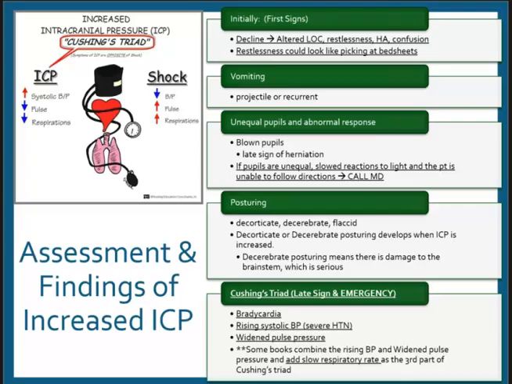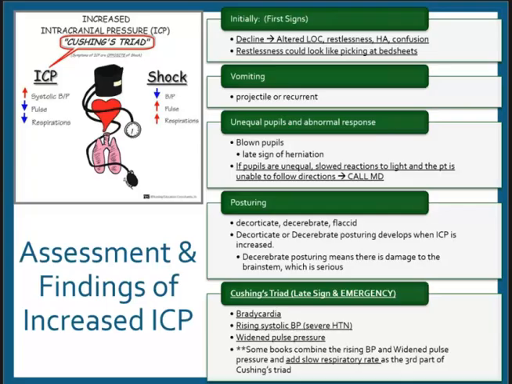You're going to see just a decline in your patient: altered level of consciousness, restlessness, headache, confusion. Now what does restlessness look like? It could just be, maybe they're not able to get up and walk around. It could just be them fidgeting nonstop, maybe moving their legs back and forth. It could be them picking up the bed sheets. That is going to be your initial sign that they have increased intracranial pressure.